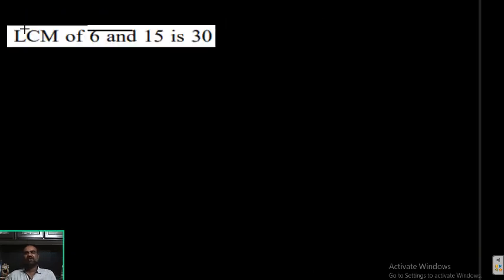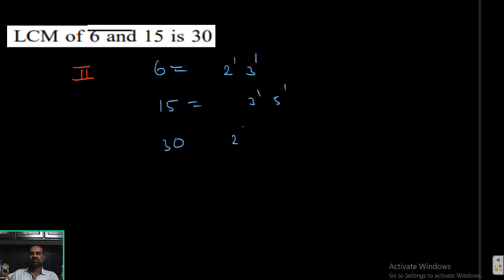Here also I want to find LCM and GCD. First method is the list method, which I don't want to use. Second is the prime factorization method. 6 can be written as 2 power 1 into 3 power 1. 15 is 3 power 1 into 5 power 1. 30 is 2 power 1 into 3 power 1 into 5 power 1.